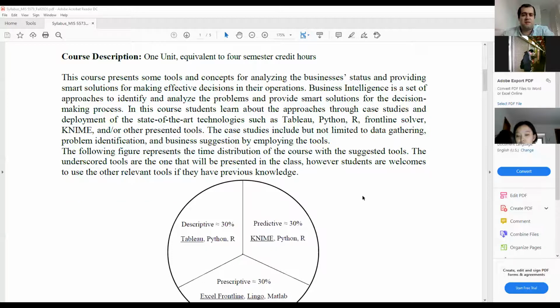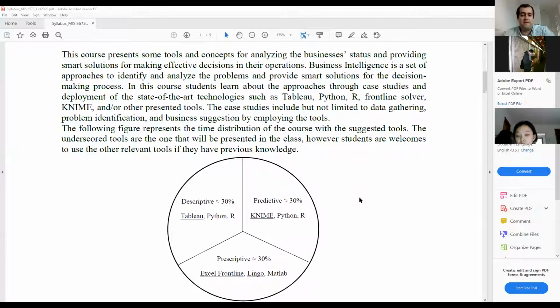I think it's still equivalent to 4 semester credit hours. And basically in this course, you will learn some general and very useful tools for analyzing the business status and provide a smart solution for making effective decisions for operation.